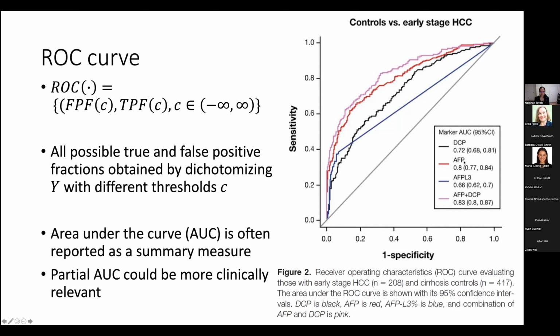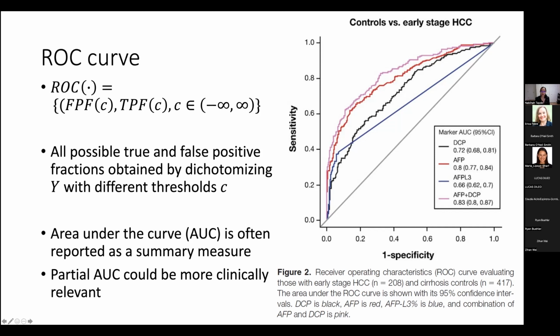When there's an existing biomarker, we want to be able to beat it. So if we know what the AUC of the existing biomarker is in the context, then the AUC threshold when we're designing the study is this existing biomarker's performance. AFP here in this context was a 0.8. So we had a very high bar to beat here, which they didn't.